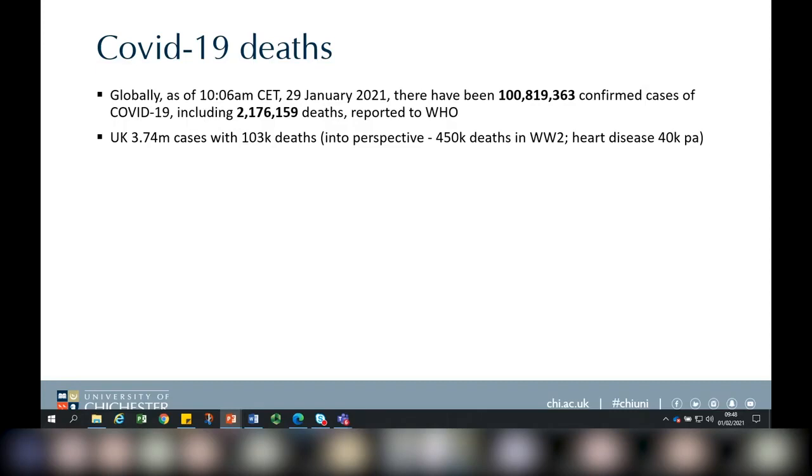So it's already 25% of all of the deaths in World War II. The biggest killer in the UK every year is heart disease. On average, 40,000 people die of heart disease in the UK.